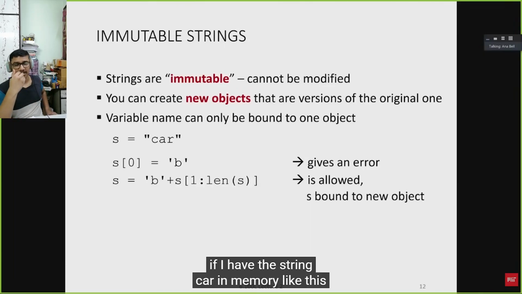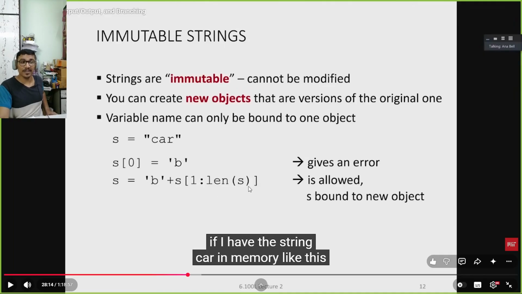But the default value is length minus 1. So in reality, it's written len of s minus 1, which is 2. So we are going from 1 to 2, 1 to 2. So bar, bar. Okay.